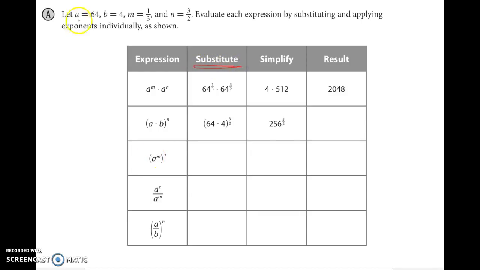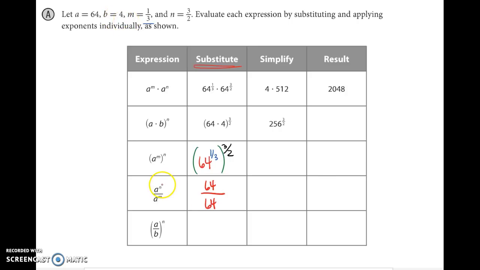So A is 64. So we have 64. M is 1/3. So 64 to the 1/3 power. And then all that is to the power of N, which N is 3/2. Okay, now I'm going to substitute into A to the power of N. So we have A, which was 64.